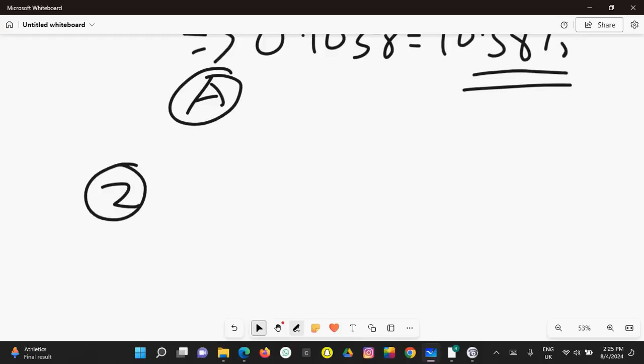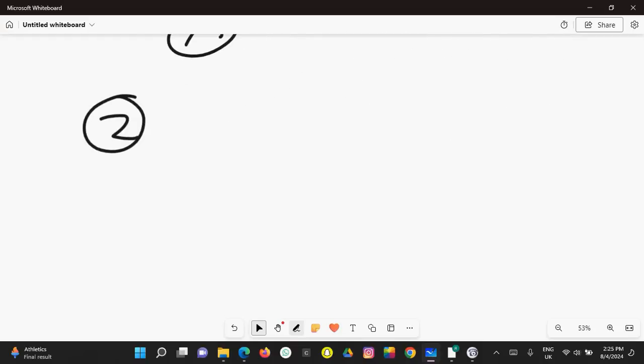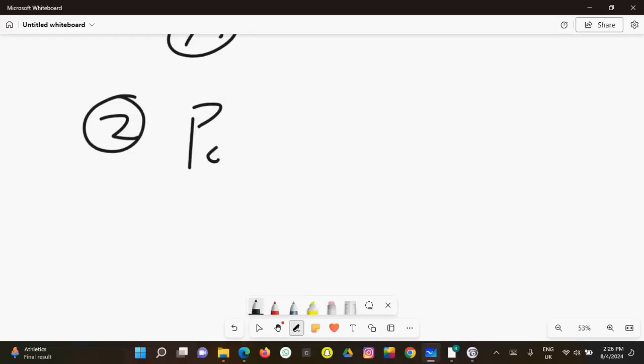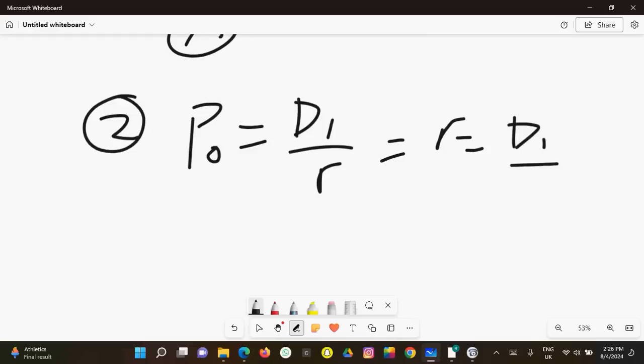Remember, for the price of a preferred stock, the price of a preferred stock today is equal to D1 over R, right? So if we trace this formula by looking for R, R is equal to D1 over P naught, right?